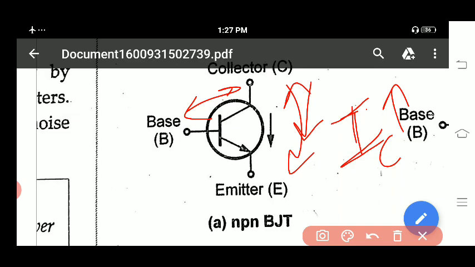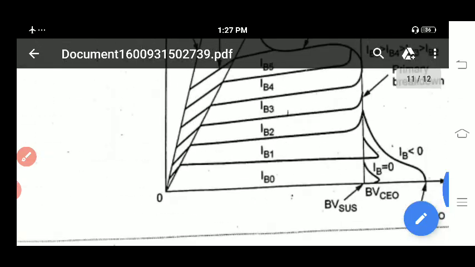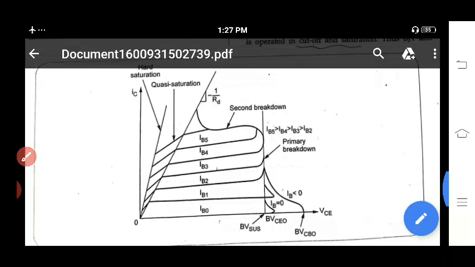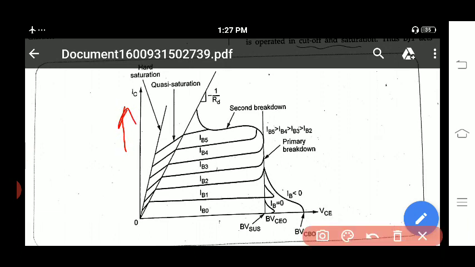Because of this, the breakdown that takes place you can call a secondary breakdown. Here you can observe that if IC is increasing to the maximum, then VCE drops to some minimum value. This drop of VCE to the minimum value because of the increase of IC to the maximum value, this type of breakdown you can call a secondary breakdown.